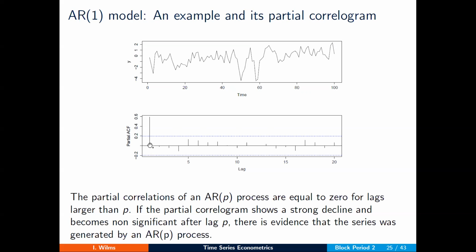Well, for an AR(1) process, we see here that the first partial autocorrelation is significant. But as of then, they implode, they become insignificant. So the partial correlogram is a useful tool to specify the order of AR models. Look for the lag as of which they vanish, they implode, and take this as a sign to specify the order of an AR model.